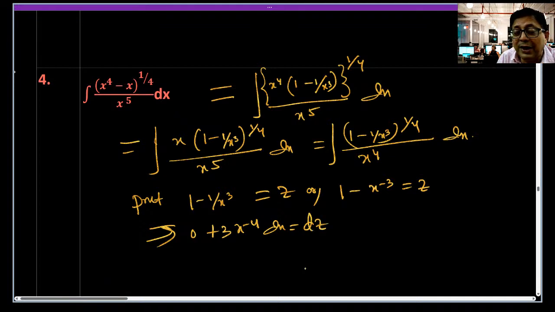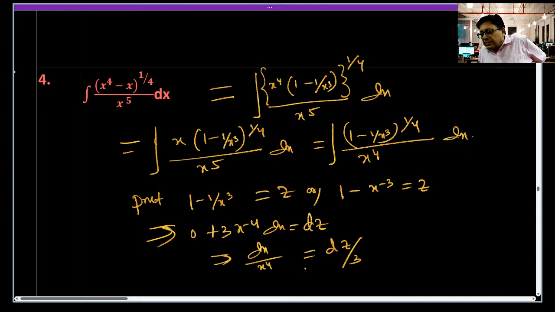Do you see something over there? This is dx by x4 equal to dz by 3. Isn't it? Is that clear? Understand? It's okay with you?